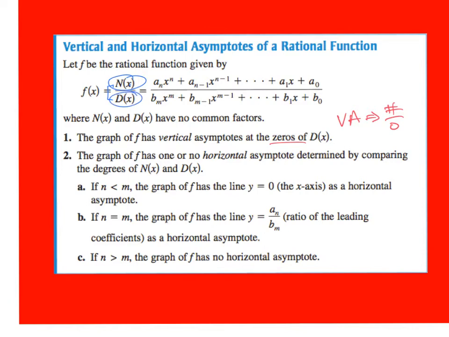So for instance, let's say y is equal to 3x cubed plus 2x over x squared minus 3x. Where's my higher power? It's on top. So what's my horizontal asymptote? My higher power is on top, so I don't have any.